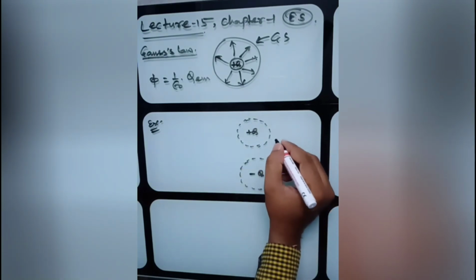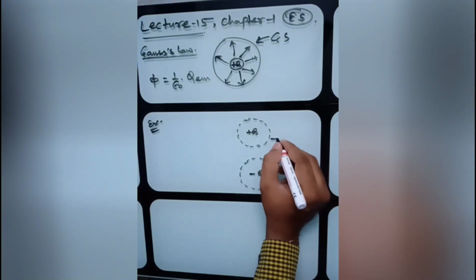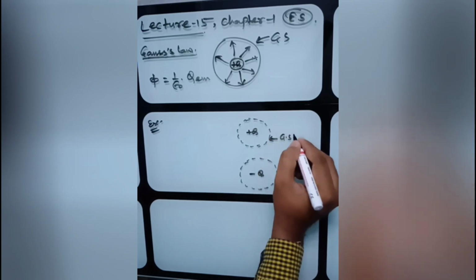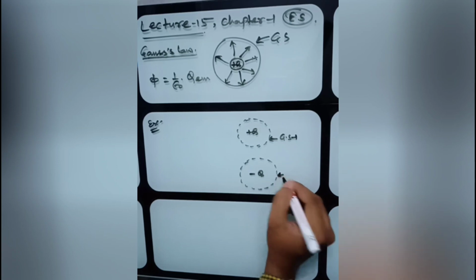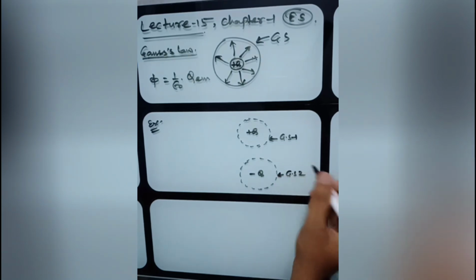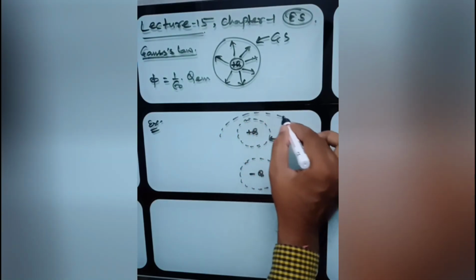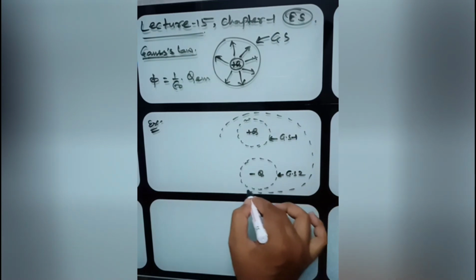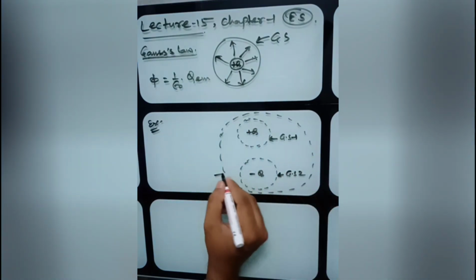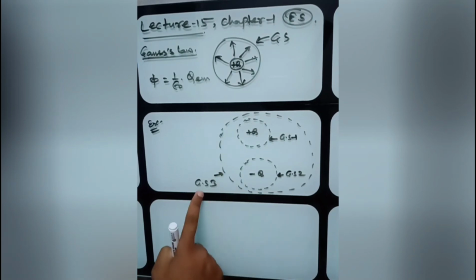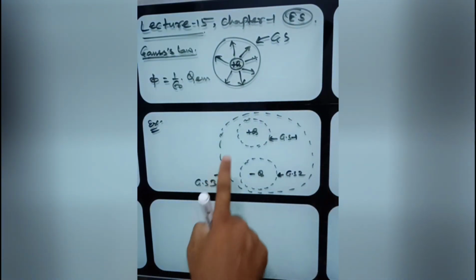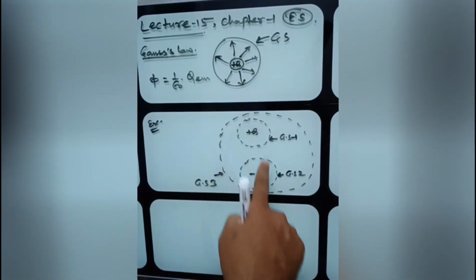So, Gaussian surface 1, Gaussian surface 2, and another Gaussian surface is this one, Gaussian surface 3. This Gaussian surface 3 encloses the system of these two charges, like a dipole.